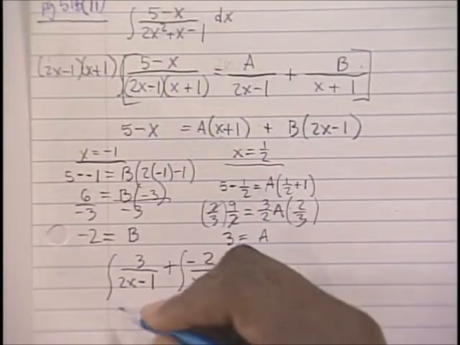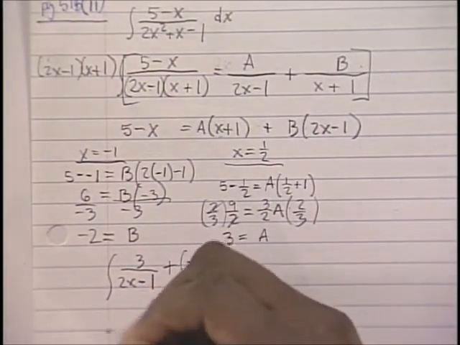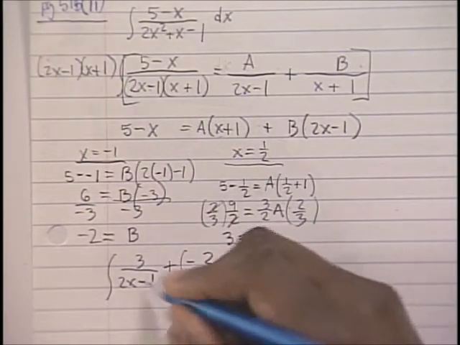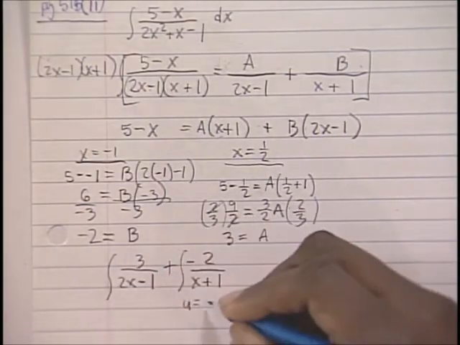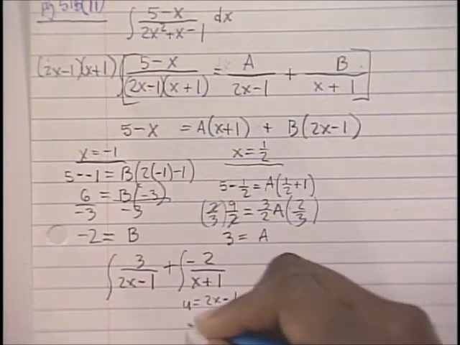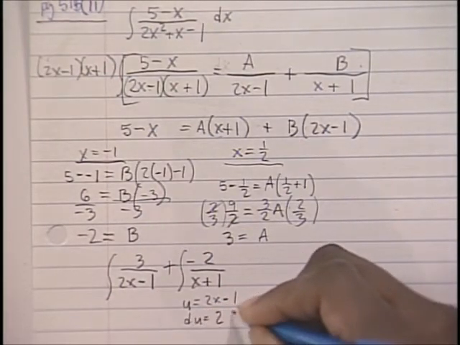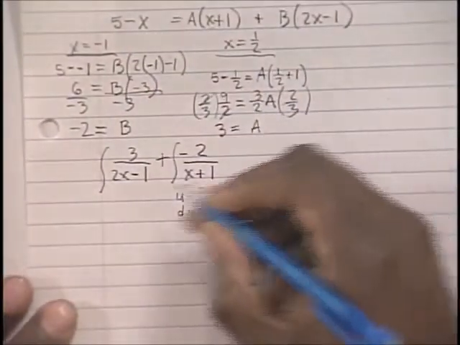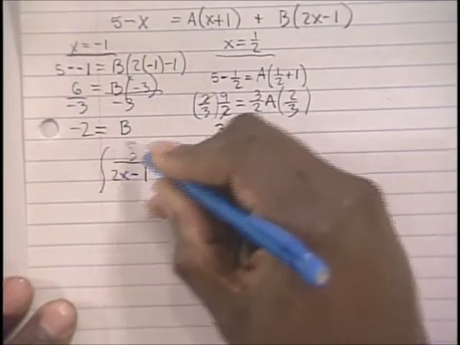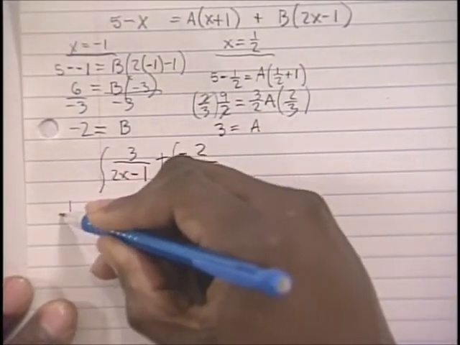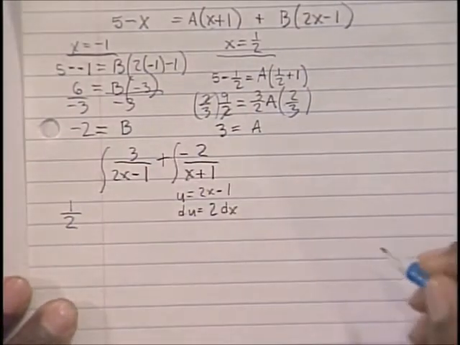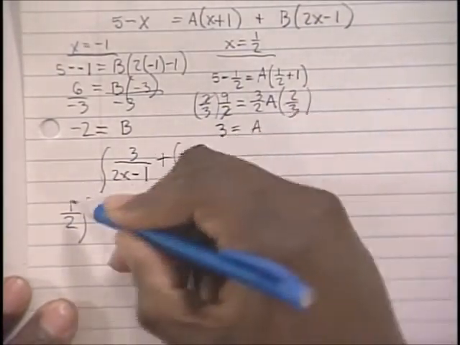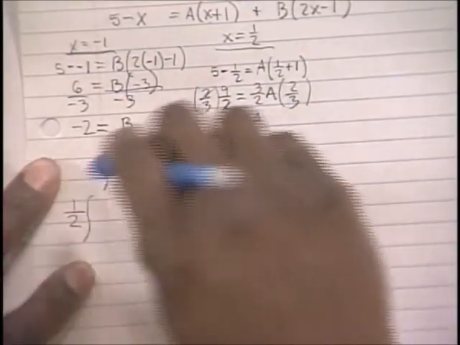Now we use u substitution. I'm just focusing on this right here. u is equal to 2x minus 1. du is equal to 2 dx. So now, taking the antiderivative of this, we have 1 over 2, got to get rid of that 2 there, and then you can pull out that 3 as well.